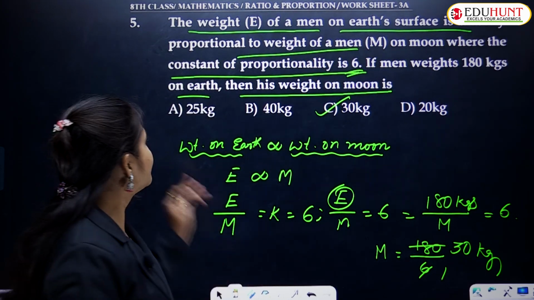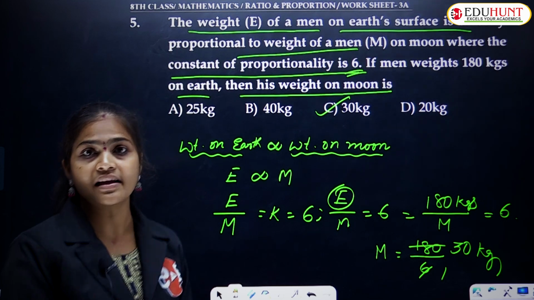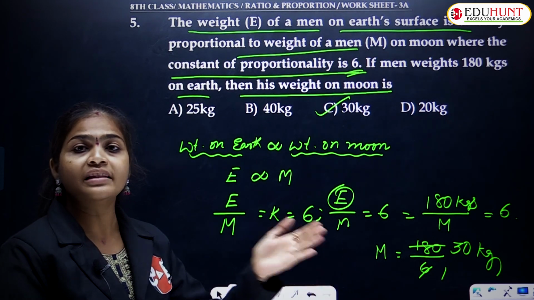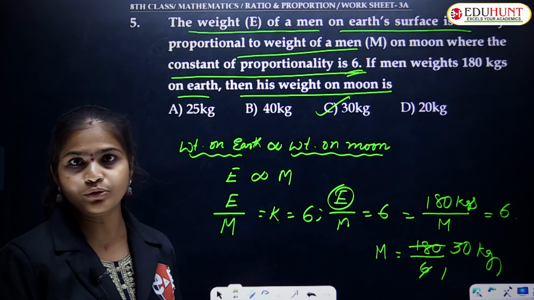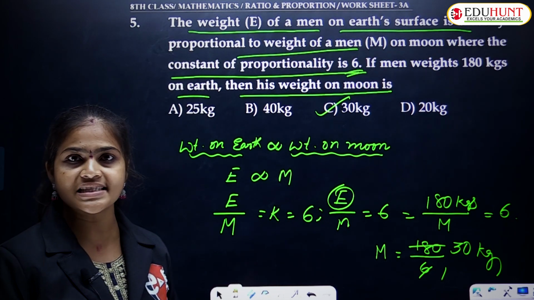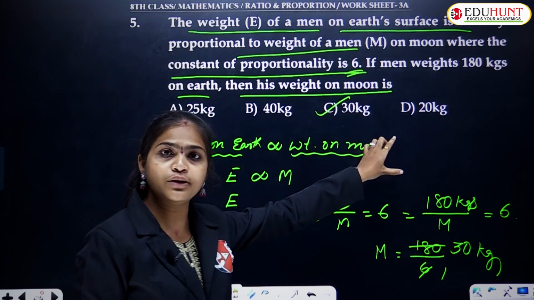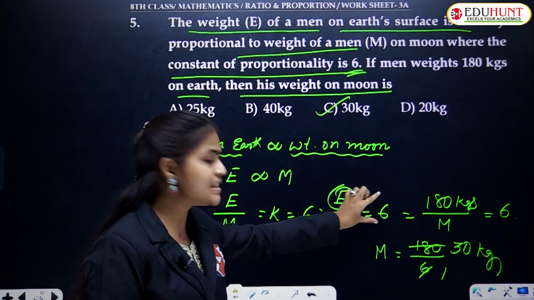Understand that? So read that question properly. The weight of a man on the Earth's surface is directly proportional to the weight of the man on moon. Directly proportional means the ratio should be constant, and the constant value they have given is 6. So E by M is equal to 6.